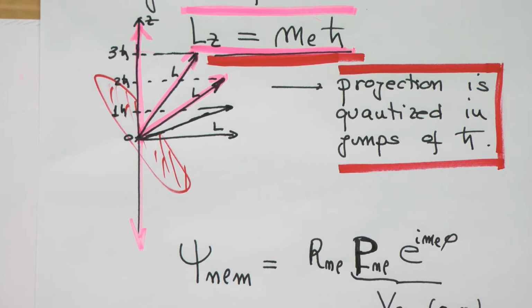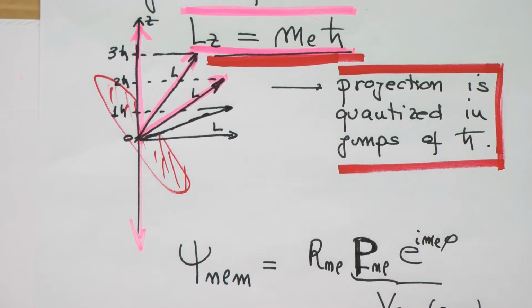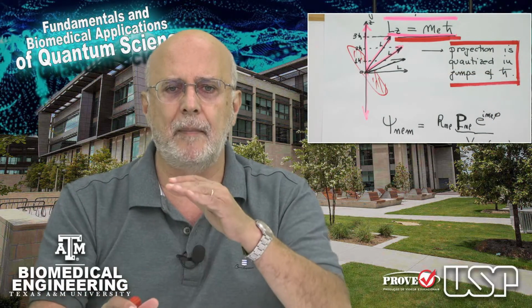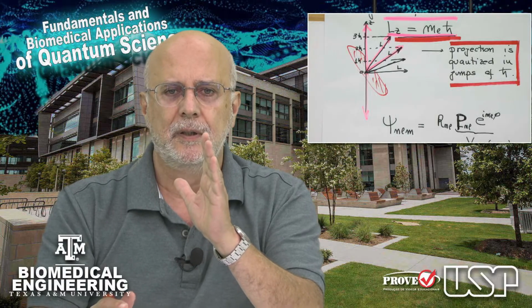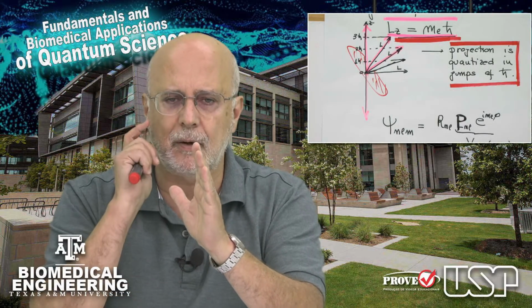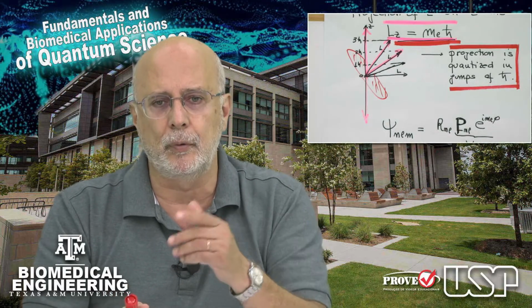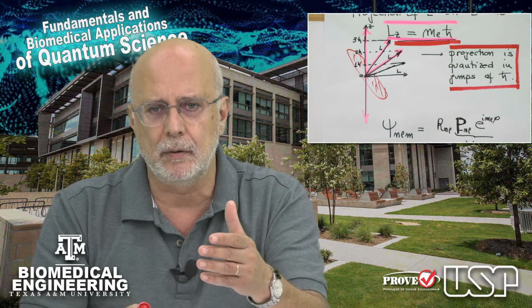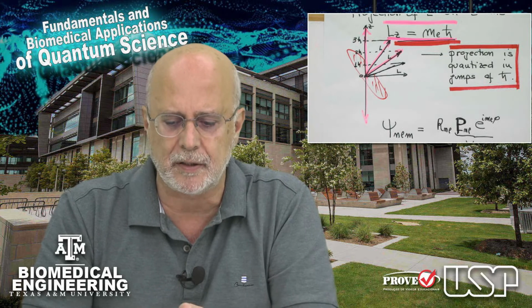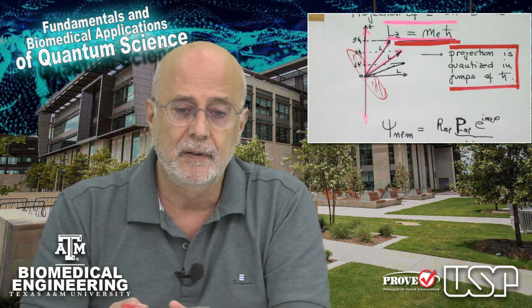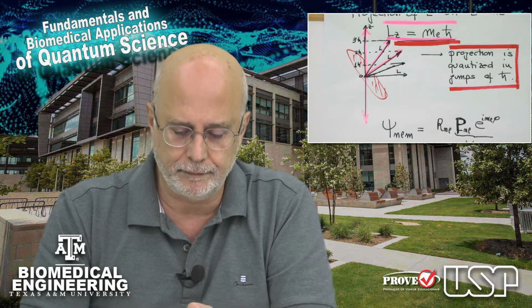Okay, and that's why we call ml the magnetic quantum number, because this will be fundamental when you put in a magnetic field. That's the component of the angular momentum that will interact with the magnetic field in the z direction. And therefore, we call it the magnetic quantum number.